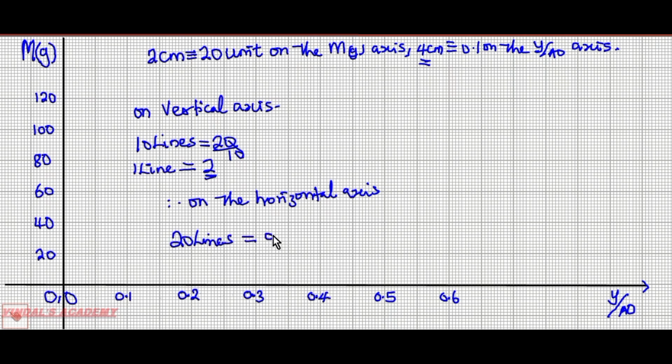20 lines on the horizontal axis means what? 0.1. That means one line is going to be 0.1 divided by 20. I am stating them in a mathematical form like this so that it will not be as if I'm just manipulating. 0.1 divided by 20. Okay, let's find. I think it's going to be 0.005.